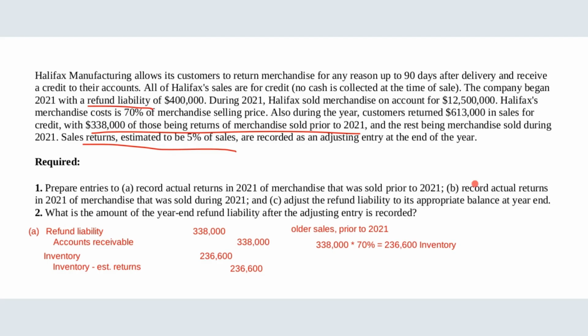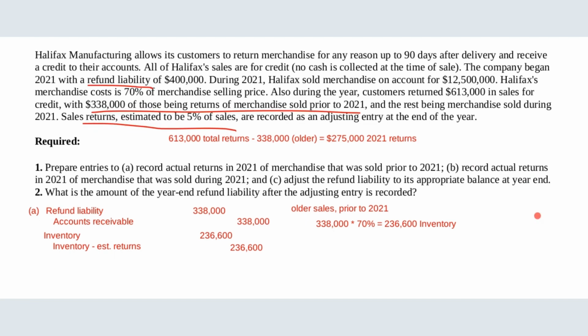So that means that 2021 returns are the 613 minus 338, or 275. Right, so that's our 2021 returns. And 70% of this is going to be our inventory, right? Multiply by 70% is 192,500.